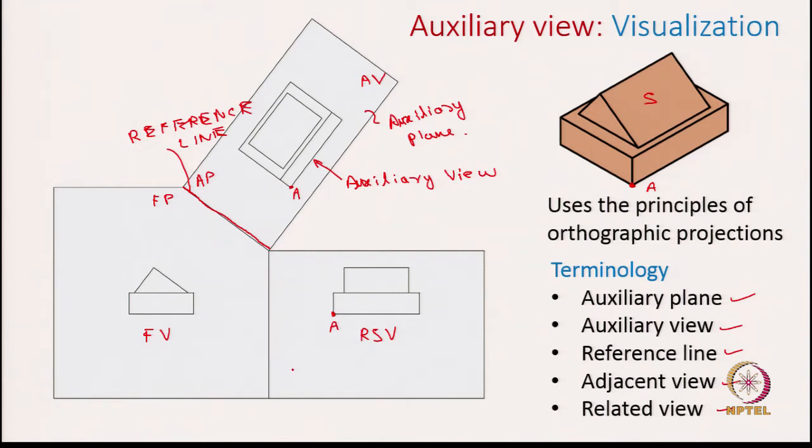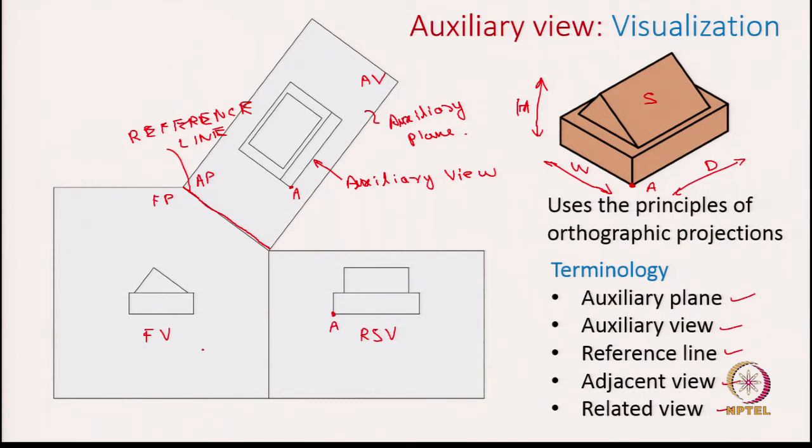So, you will notice that both the auxiliary view and the right side view will capture the depth of this object. Let us say this is the height of this object and this is the width of this object and this is the depth of this object. This we also discussed when we were in the lecture of orthographic projections, that two of these views will share the same dimension.